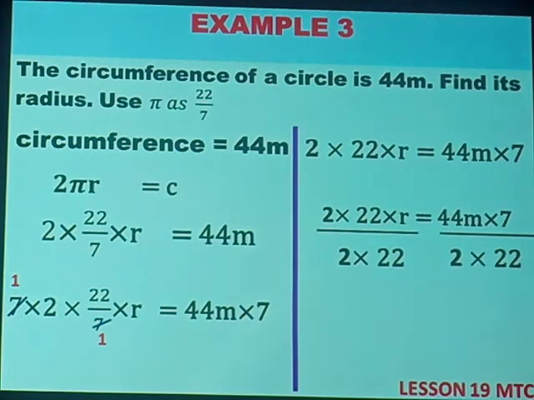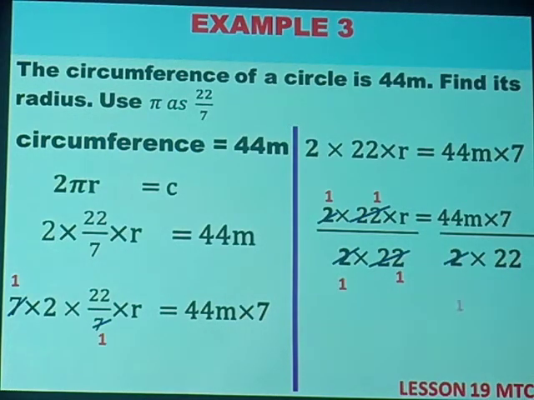We are dividing by 22 times 2 on both sides because we want to look for the value of r. So at this stage, we shall divide by 2. 2 into 2, we come up with a 1. 22 divided by 22, we shall come up with a 1.